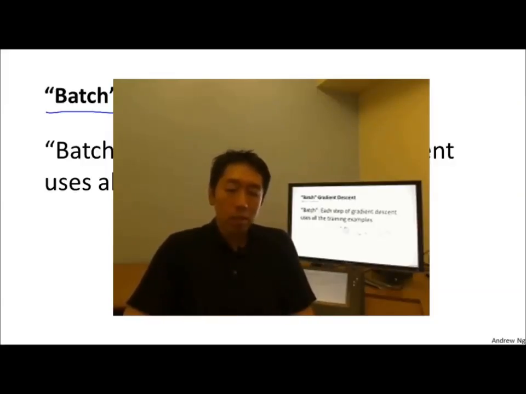That other method is called the normal equations method. But in case you've heard of that method, gradient descent will scale better to larger data sets than the normal equation method. And now that we know about gradient descent, we'll be able to use it in lots of different contexts, and in lots of different machine learning problems as well.